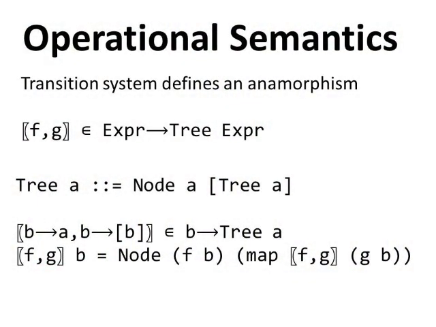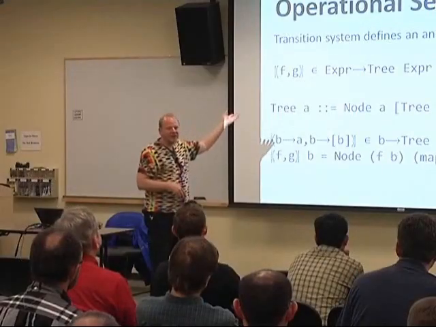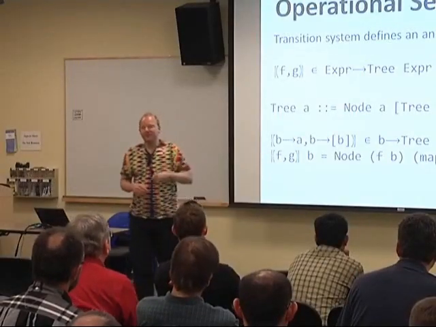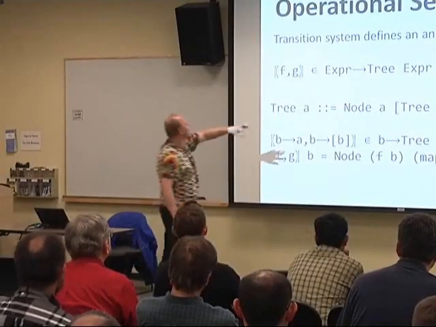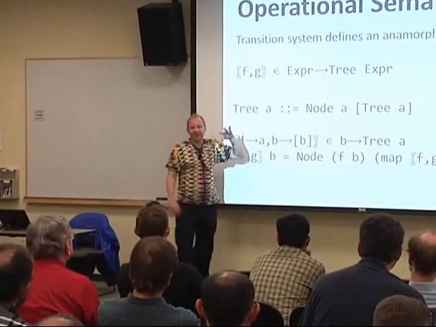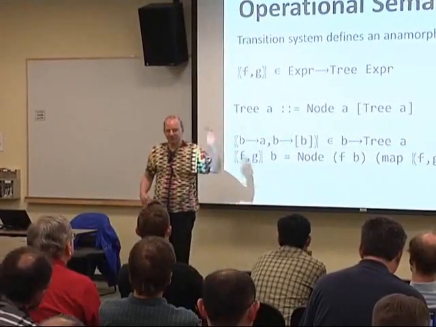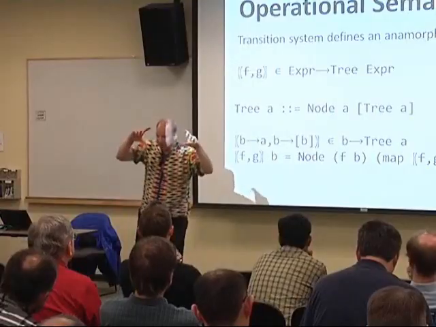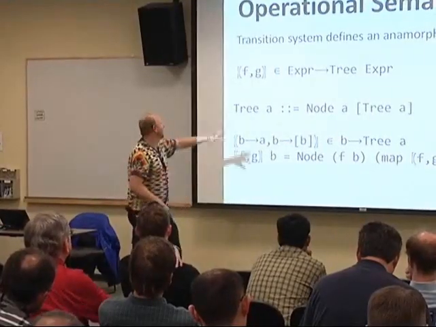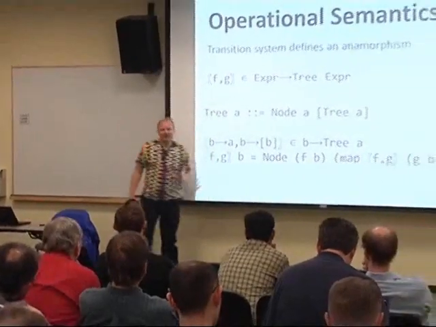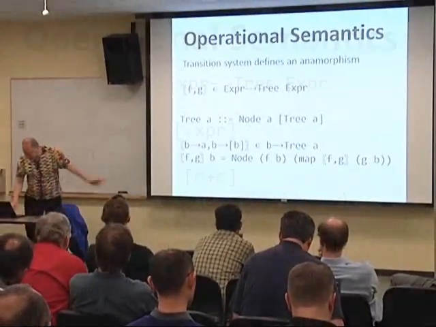Good. So, guess what? Turns out that I can write the operational semantics using the other brackets. The denotational semantics used the banana brackets, and operational semantics is defined using the other brackets.